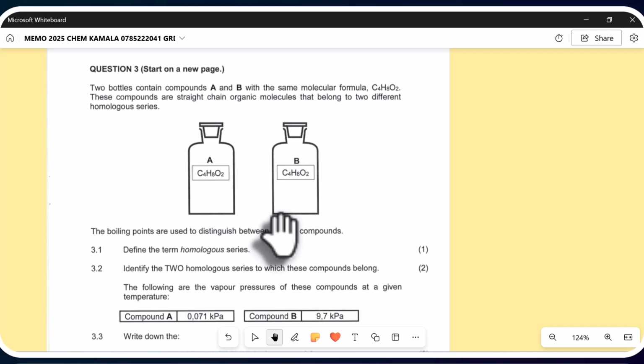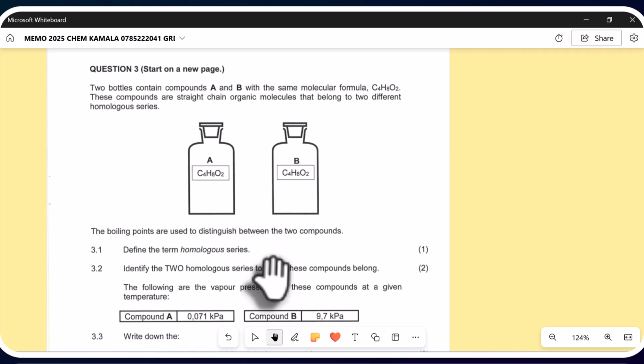So because of the two oxygen atoms, you're going to say carboxylic acids and esters. You know that carboxylic acids are functional isomers with esters. So here we say carboxylic acid, then also the ester.